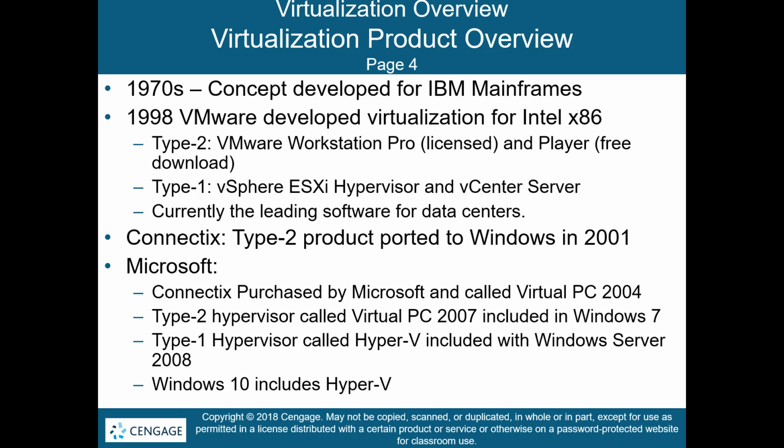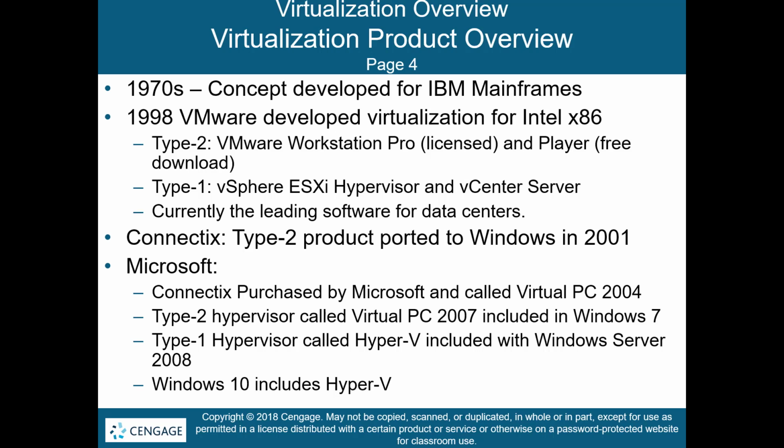Virtualization products are relatively recent, but the concept goes way back to IBM mainframes in the 1970s. In 1998, VMware, using these concepts, developed virtualization for the Intel x86 platform. They started out with VMware Workstation, which was a Type 2 hypervisor.